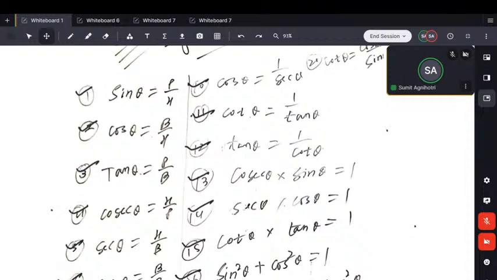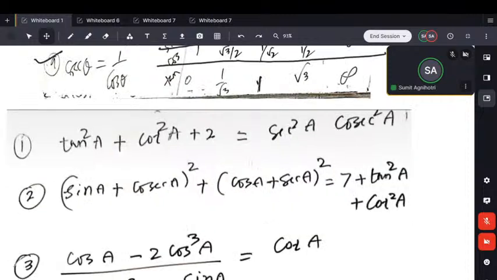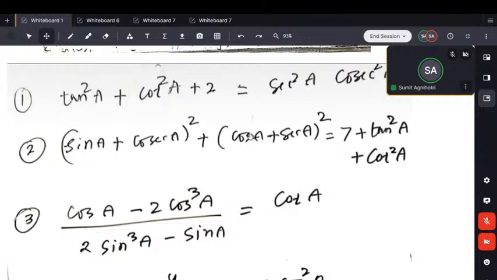Other than these, there are some complementary angle identities as well, which are sine 90 minus theta is cos theta, cos 90 minus theta is sine theta, tan 90 minus theta is cot theta, and cot 90 minus theta is tan theta, cosec 90 minus theta is sec theta.